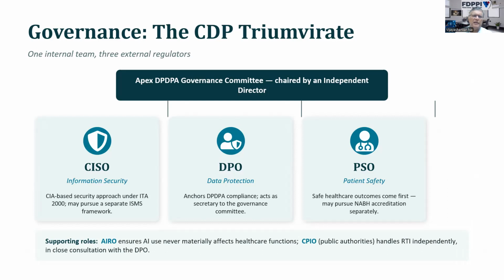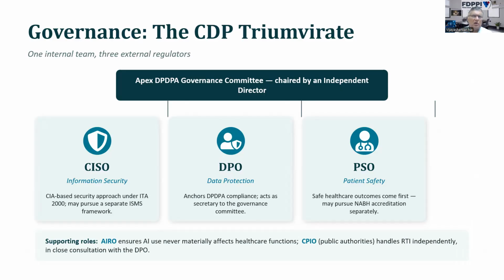And of course, there is also the incidence of AI. And if there is an AI, there may be an AI regulatory officer who perhaps may work directly under CISO. And in case the hospital belongs to the public sector, there may be a CPIO. Now CPIO has to work along with the DPO and handle RTI.